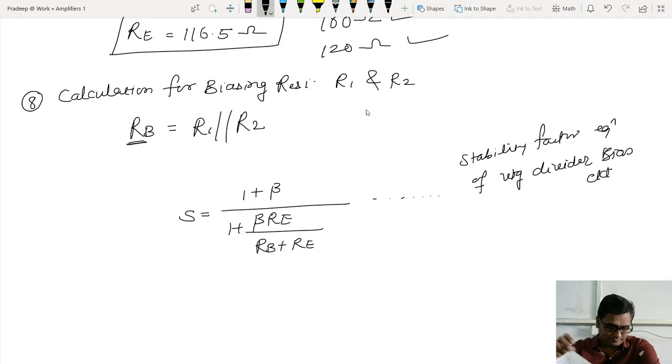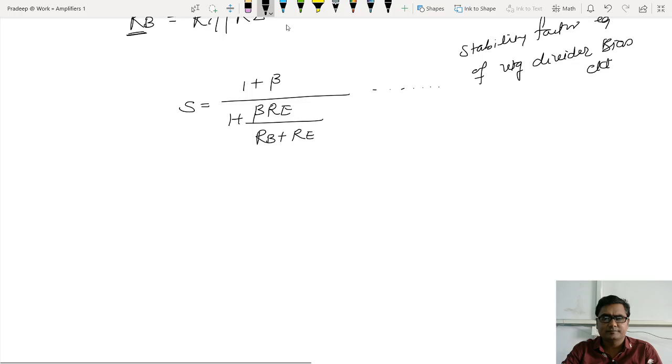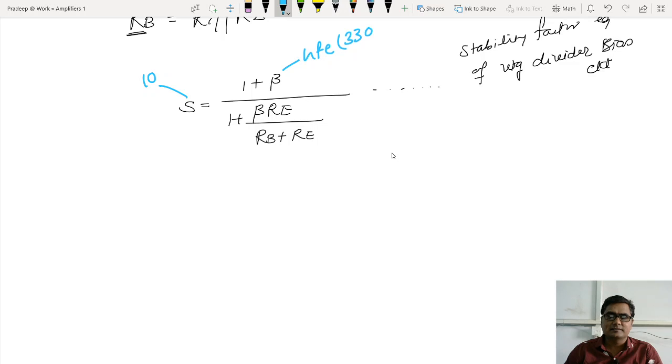Now, where's the pen? So this is the stability factor equation. Now what is that beta? Beta is nothing but your HFE. HFE is given as 330, I think.